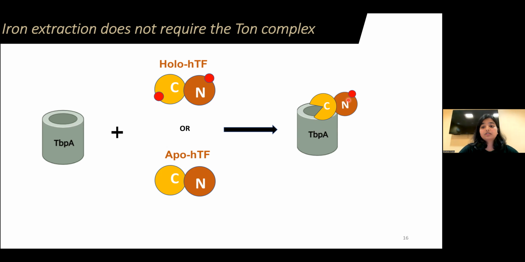The N lobe state of the iron will depend on what form of transferrin you started with. If it is holotransferrin, there will be iron in the N lobe, and if it is apotransferrin, there will be no iron in the N lobe. So in our structure, we see iron in the N lobe, but we don't see iron in the C lobe because we started with this form here.